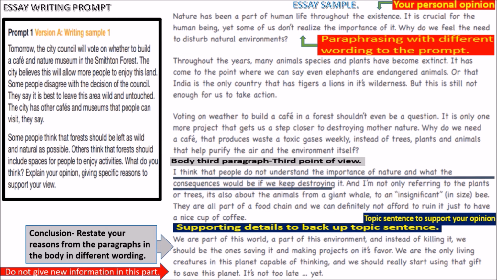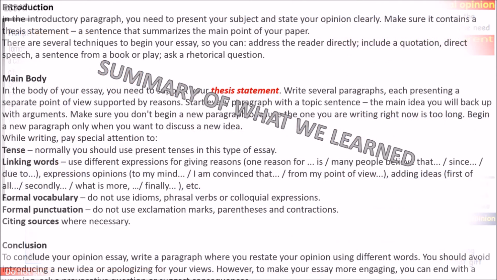So we can see this is the essay that is complete with the introduction, 3 paragraphs for the body, and then the conclusion. So a summary of what we learned. So you could take a picture of this. This will explain everything that we've seen so far, in other words.